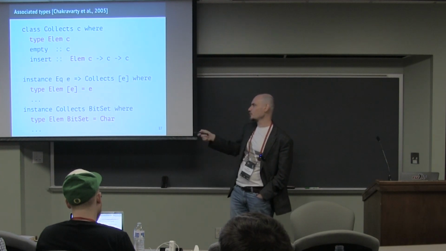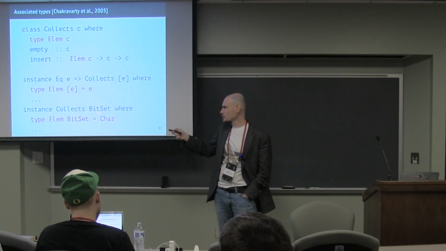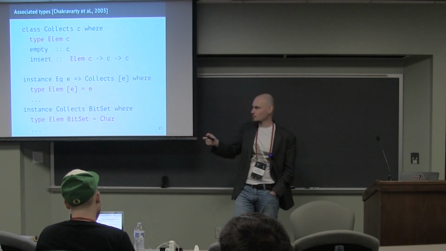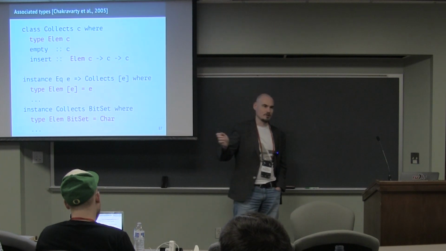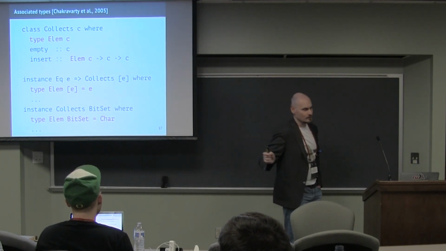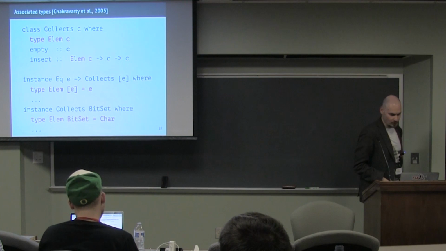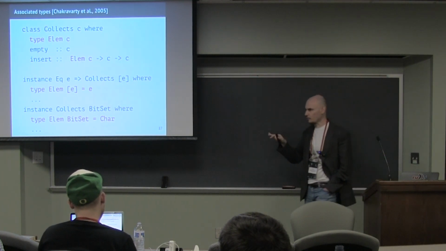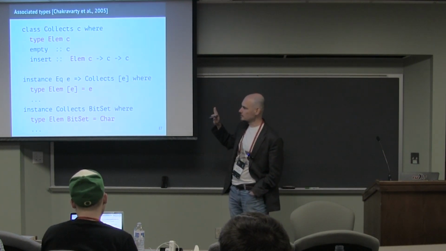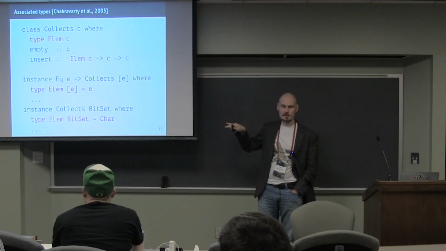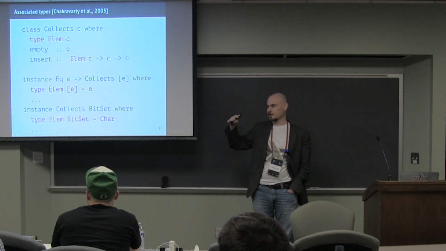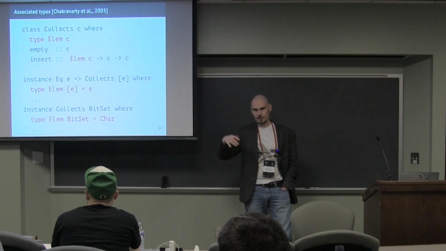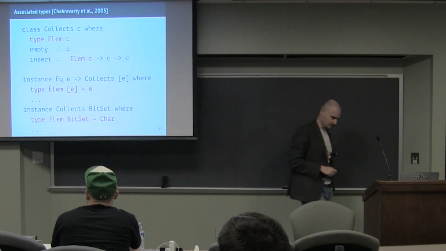And if you want to define a collection of bit set, then you say the element of this set is just a char. Maybe you can use char for zeros and ones. These are different instances. Instances give you several definitions for this type function Elem. So depending on the type of collection, you can come up with different types for elements.